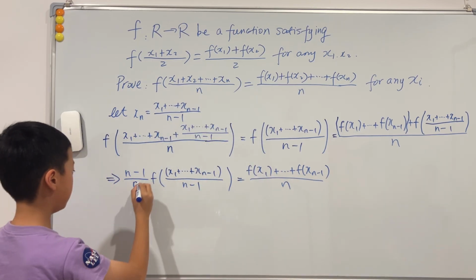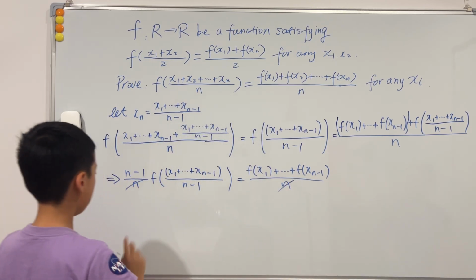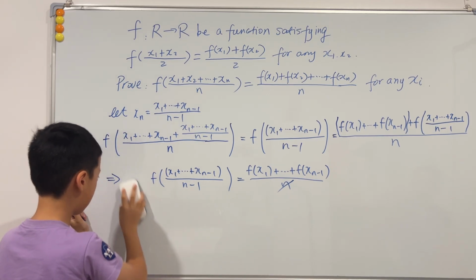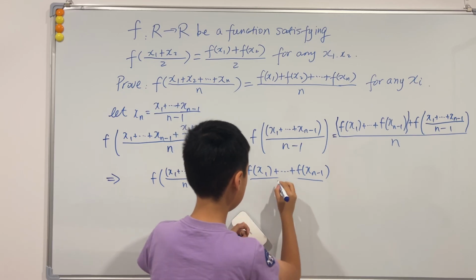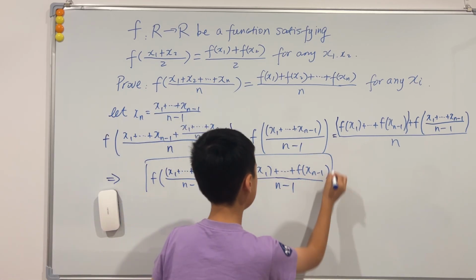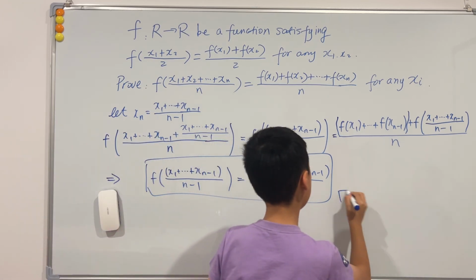And now we see that the n and the n cancel, and we can bring the n minus 1 to the denominator. So this term is gone, and this denominator becomes n minus 1. And now look, we've proved it for n minus 1.